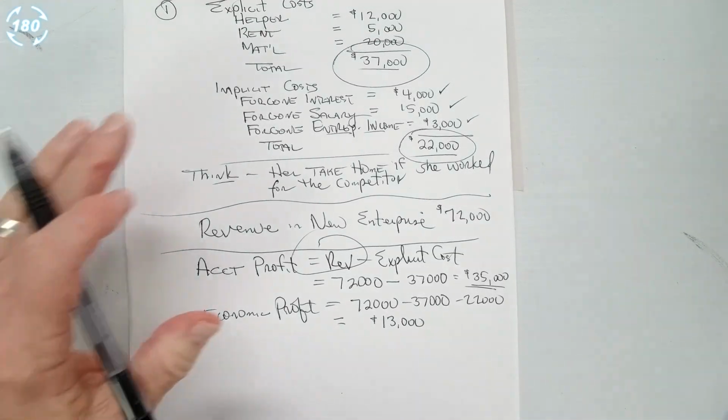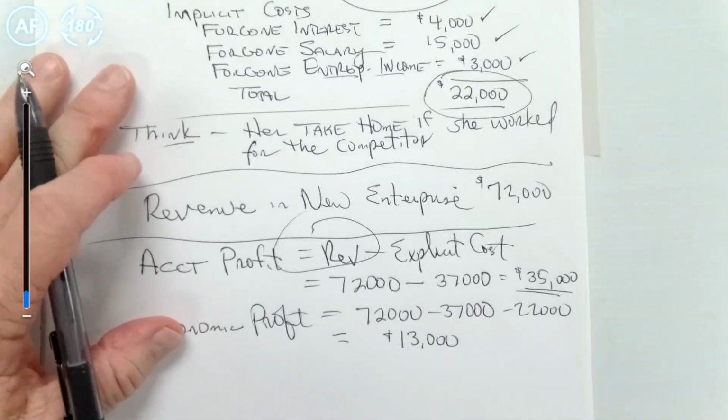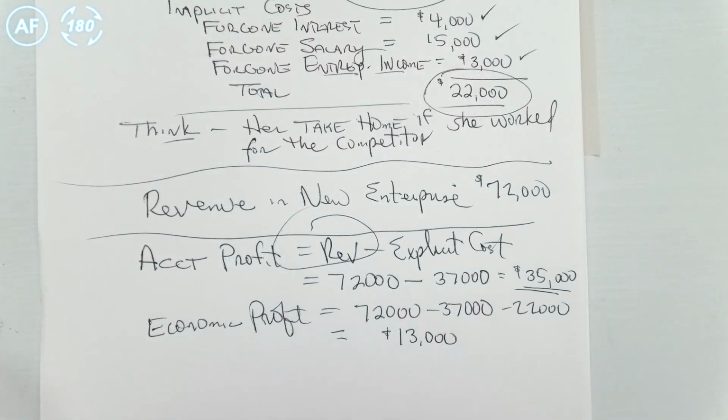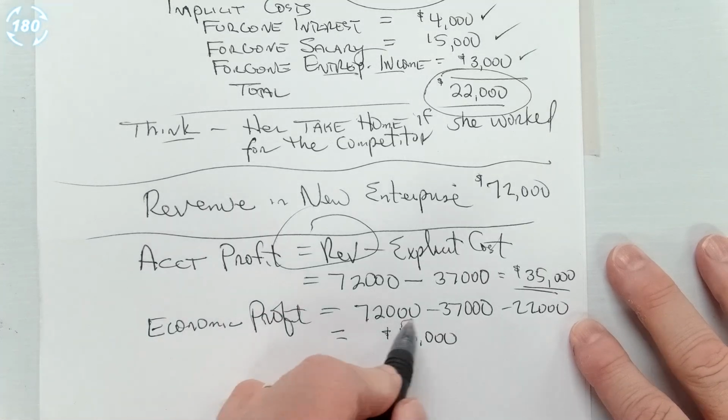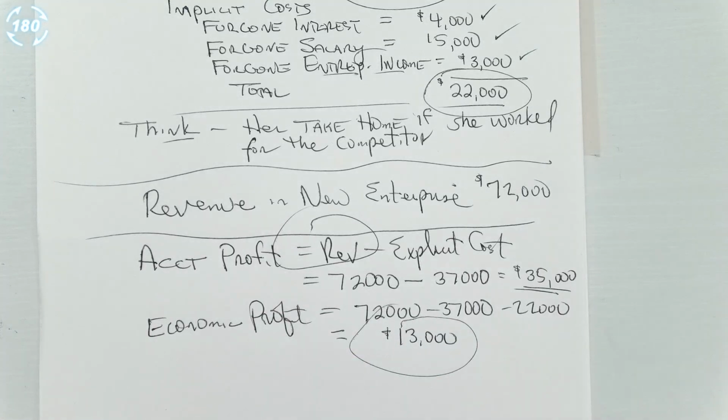So the question is, what's the significance of that number? Well, the significance is this, is basically saying she's doing better off than she would in the alternative, her best alternative, which is to work for the competitor. She's doing better off by this amount. Now, when you say, hey, my profit last year was $13,000, most of us are not impressed with that. We might say, how can you live on $13,000?